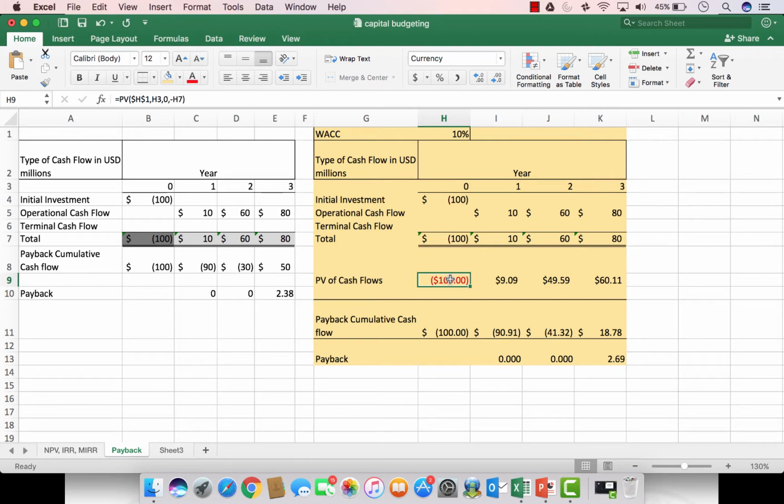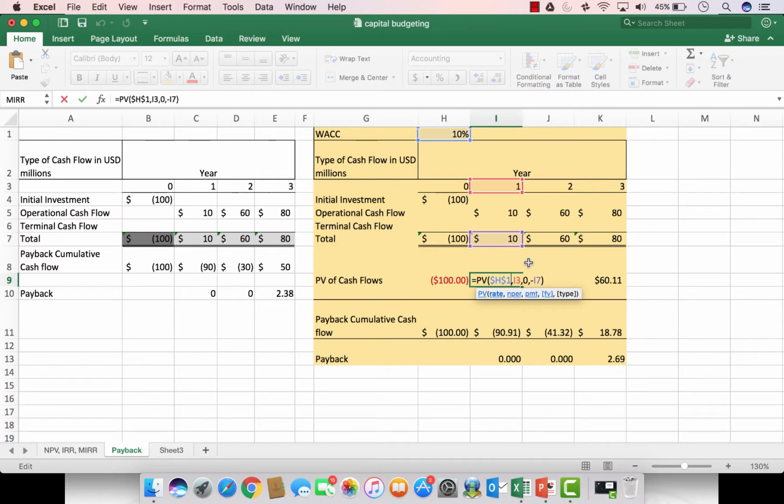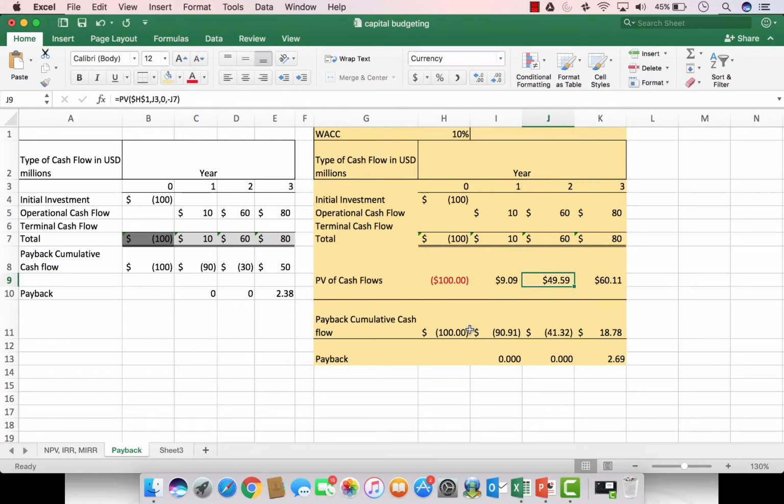Now, if we look at the discounted cash flows, the difference is that here I'm calculating the present value of these. This is the formula to calculate the present value of this $10 for 1 year at this 10% rate. The same is here. These are the $60, 2 years at the 10% rate, and the $80.